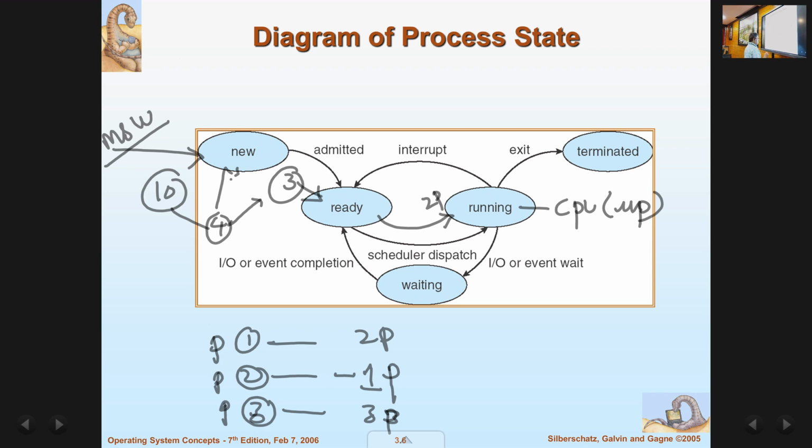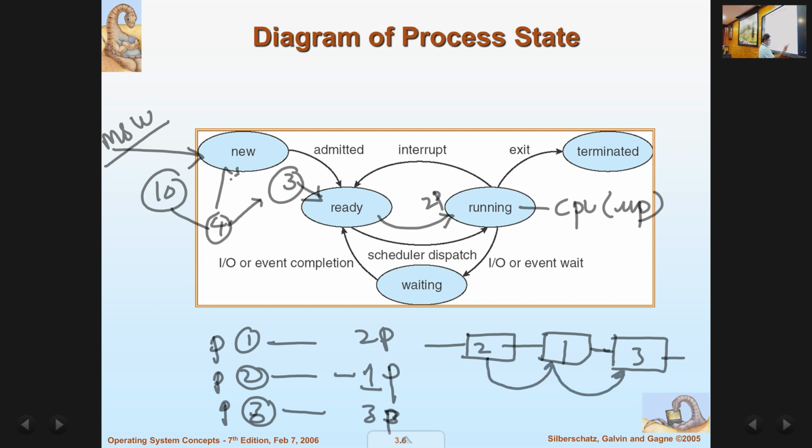Reason number 1: maybe there are 3 processes. Generally, this is process number 2, then comes process number 1, then comes process number 3. The CPU says, I can complete the task only when I complete all these processes, so I will complete this task, then the next, then the next.